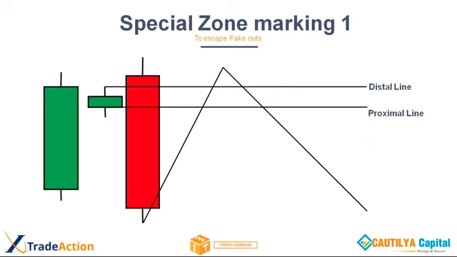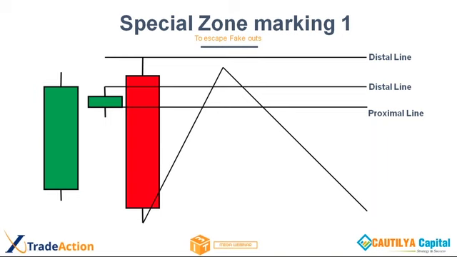So we must always take the distal line as the highest high of the candles. That is the true distal line which will protect you from stop losses. It's not that you must take only the base as the proximal and distal line.